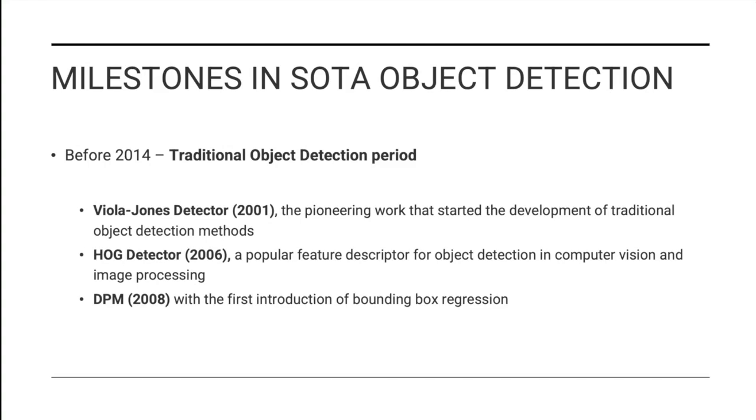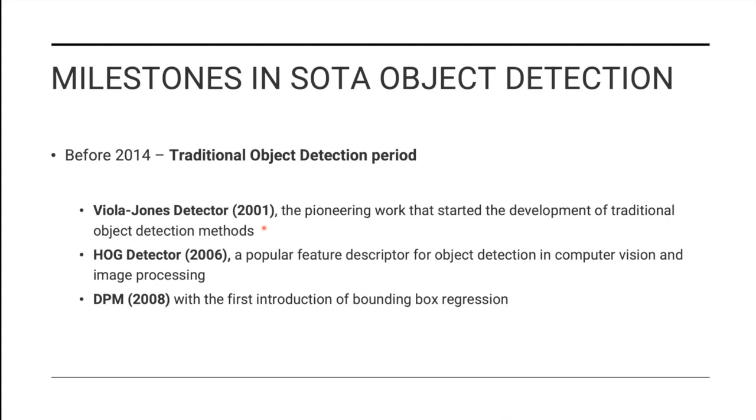Before that, we mostly used image processing, or traditional object detection algorithms, such as the Viola-Jones detector from 2001. Even these days it's used a lot for detecting faces, and it works very well, also for some simple objects.